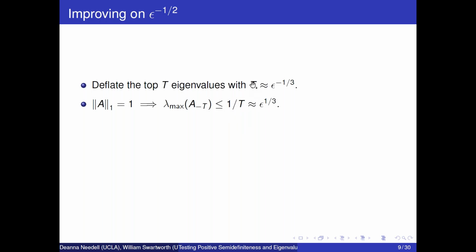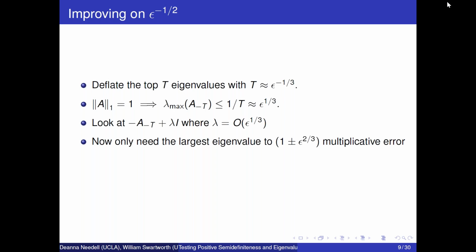We can have at most T eigenvalues that have value at least 1 over T. If we remove the top T, then all eigenvalues are at most 1 over T, and 1 over T would be epsilon to the 1/3 for us. And now when we do our negating, we're negating A minus T. That means A with the top T eigenvalues removed. And then we're shifting by lambda I. Well, now we can set lambda to be order epsilon to the 1/3.